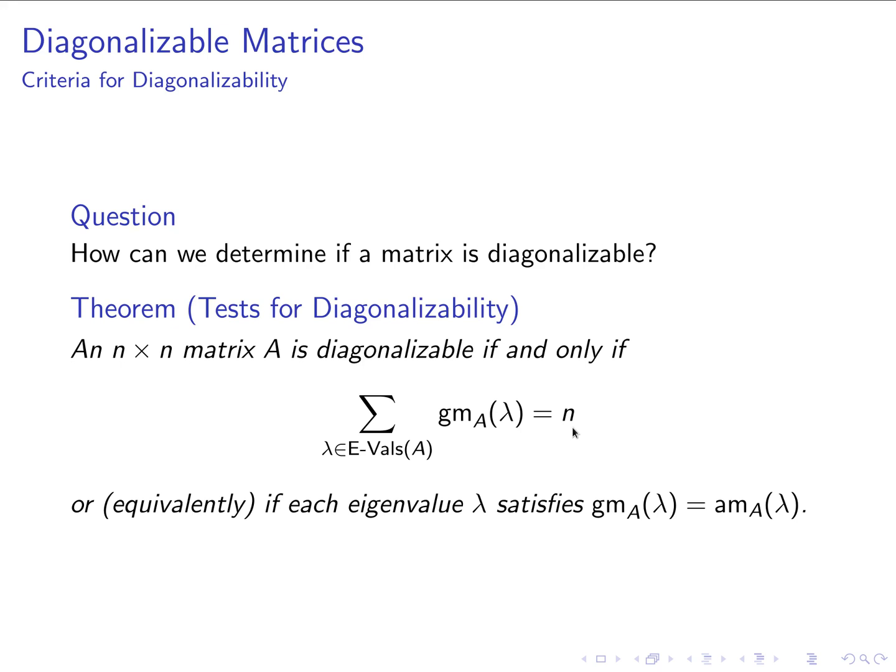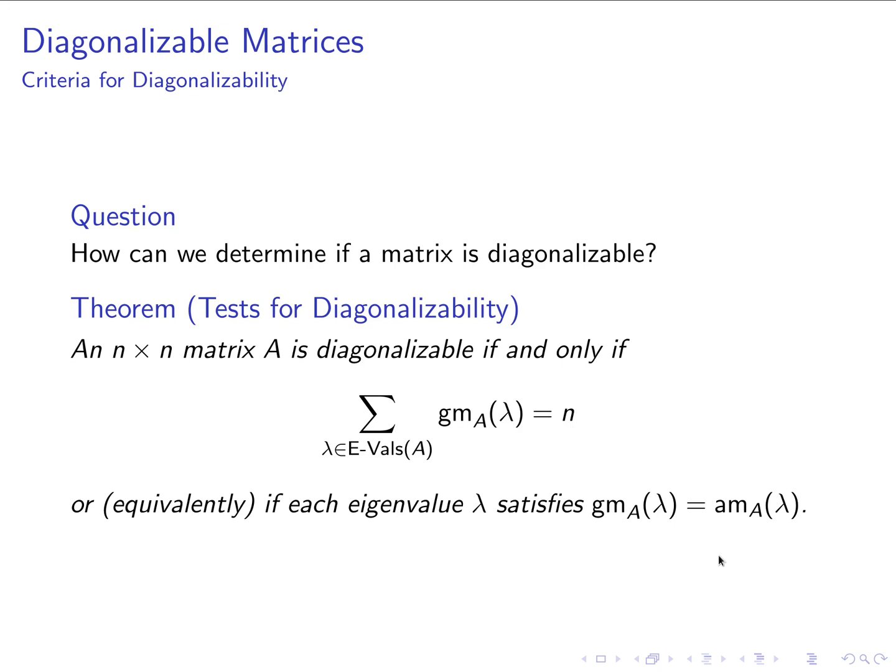There's an equivalent way to check for diagonalizability, and that is to recall that the geometric multiplicity of an eigenvalue can never exceed the algebraic multiplicity. So another way that we can check whether or not a matrix is diagonalizable is by checking that every eigenvalue has geometric multiplicity equal to the algebraic multiplicity. So this gives us two different ways to check.